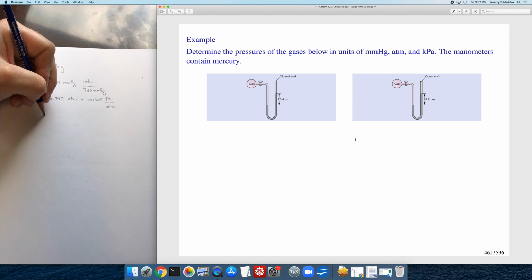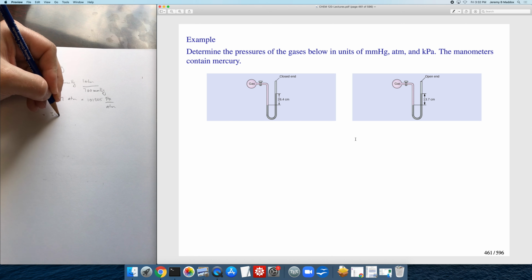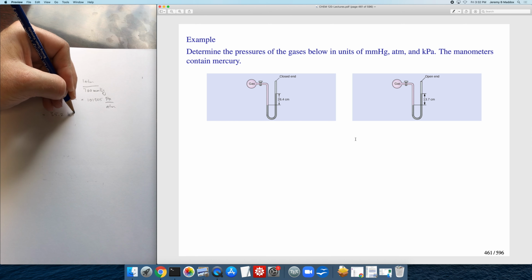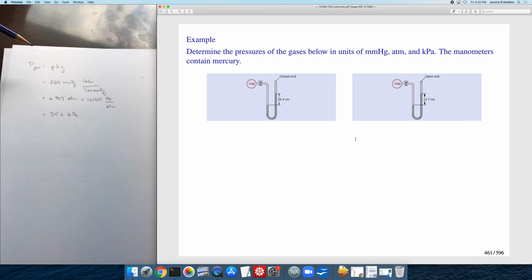And that's going to give us 35.2 kilopascals. The number I got in pascals, I just divided it by 1,000 to give me, in my head, the 35.2 kilopascals. So for this measurement, the pressure in atmospheres is 0.347 or 35.2 kilopascals.